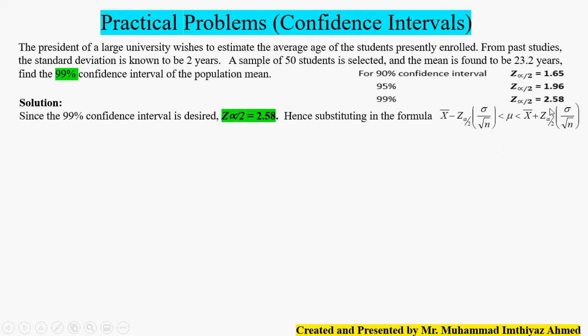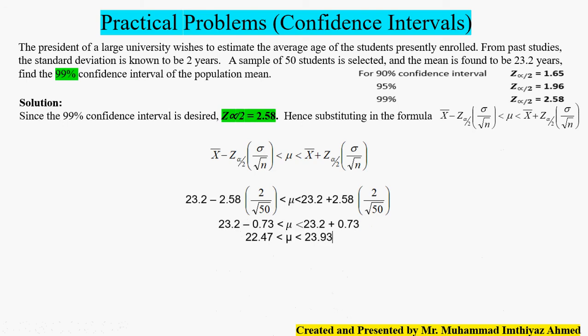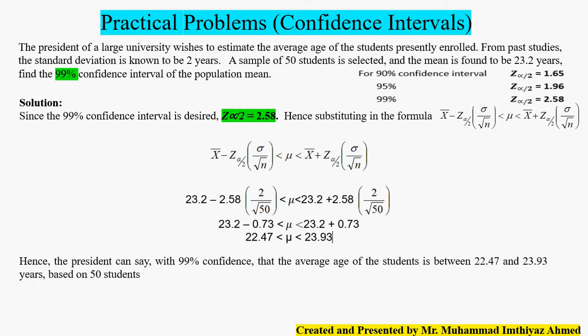Substituting in the formula, our result will be 22.47 and 23.93. Therefore, the president can say with 99% confidence that the average age of the students is between 22.47 and 23.93 years based on 50 students.